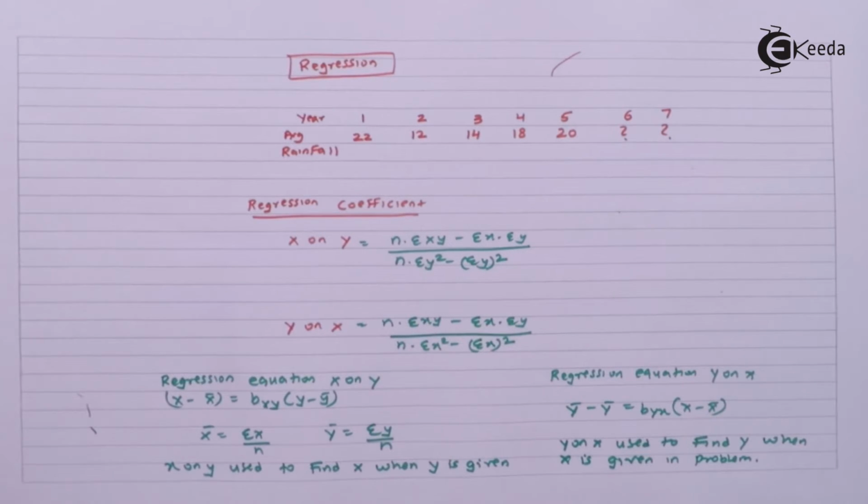So these are the two possible ways to estimate the values, that is regression equation x on y and regression equation y on x. The next thing I'm going to talk about is more or less similar to regression, but I don't use regression here. I use something called the method of least squares, or the least square method.